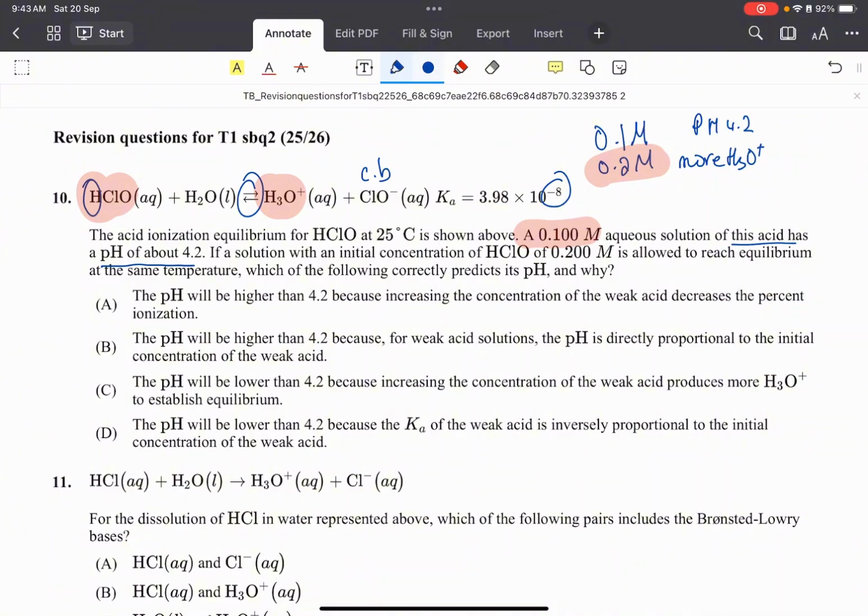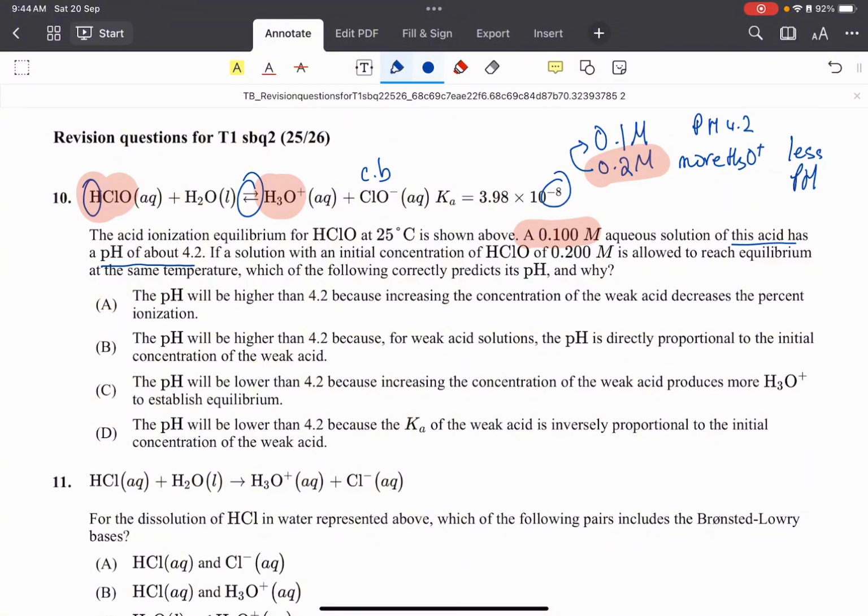The same percentage of the acid is gonna be ionized compared to the previous one, except that the amount that we started with is more. So we're gonna have a lower pH, not because the acid became stronger, but because the quantity we started with is more.